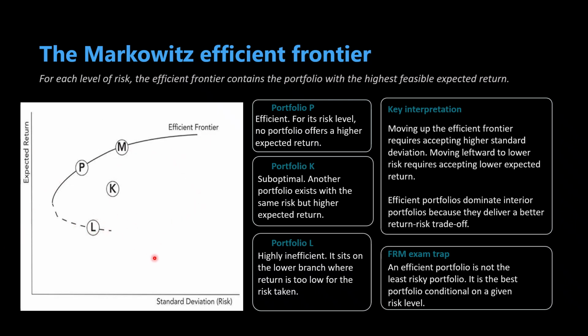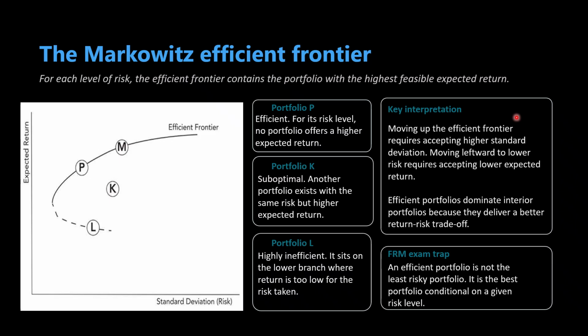Portfolio L sits on the lower branch of the boundary, that's below the global minimum variance portfolio. It's highly inefficient, and a rational investor would not accept it. That is, all rational investors avoid the lower branch of this curve entirely. A critical point for the FRM exam to note is that an efficient portfolio is not the same as the minimum risk portfolio.